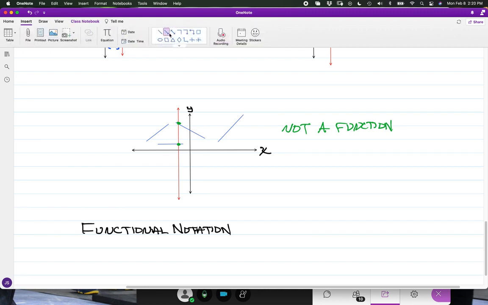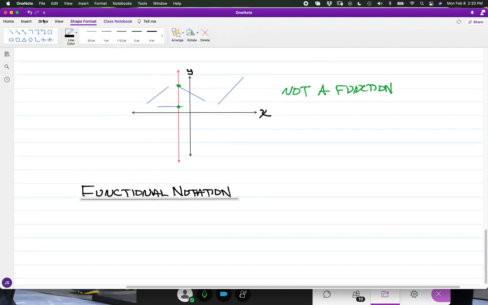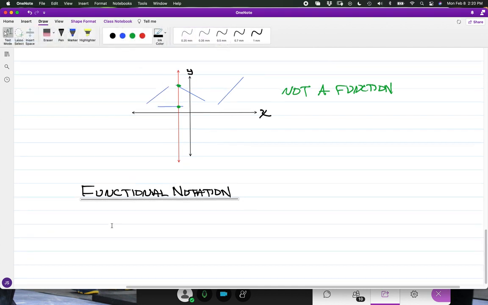so we have with functional notation, again, and it doesn't have to be limited to just f. It could be y is equal to f of x, g of x, z of x.